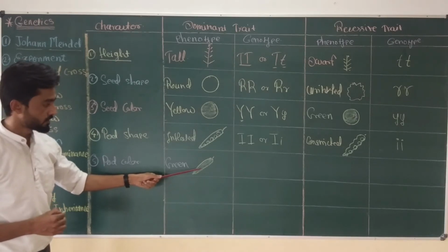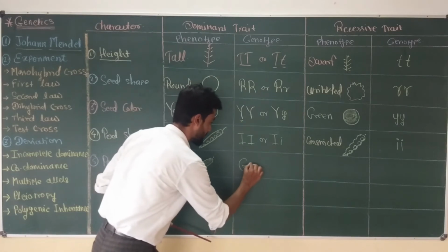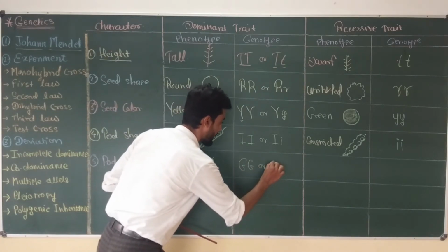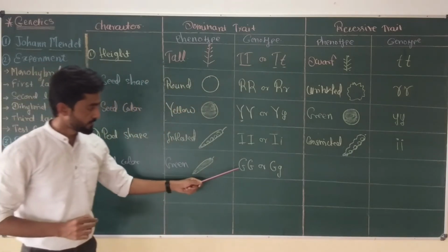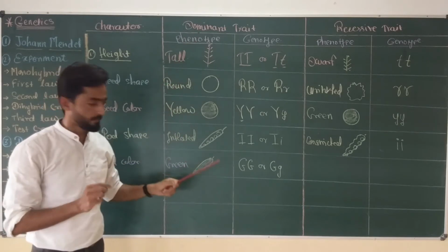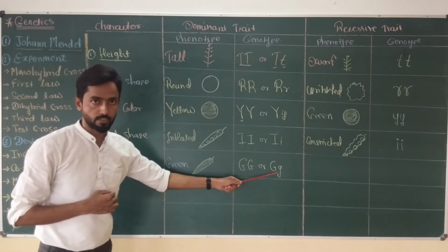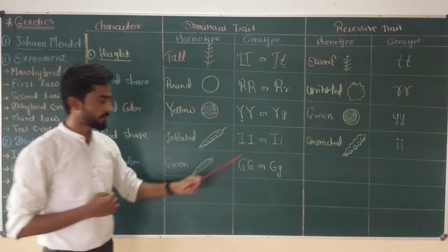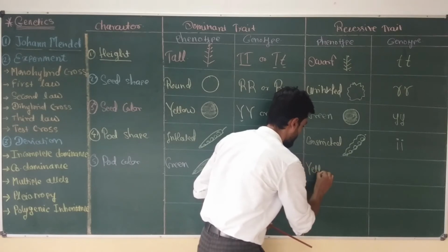Now the genotype of the green pod will always be capital G capital G or capital G small g, because this capital G allele represents the dominating gene, and it is expressed in homozygous as well as heterozygous condition, and its recessive partner is yellow color in pods.